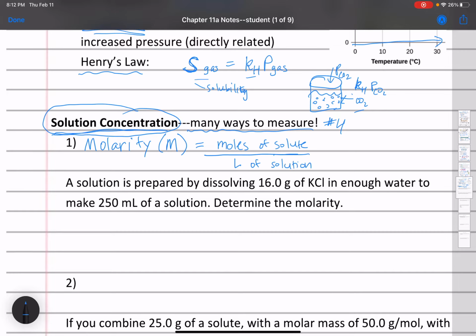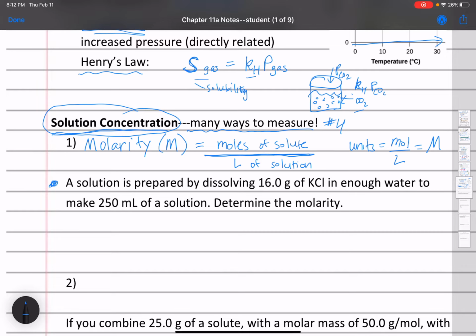And these details are important. Moles of solute, not moles of solvent, not moles of solution, but moles of solute per liter of solution. The units, therefore, of molarity are moles per liter, but we often just abbreviate it as molar with that capital M. So let's do a practice problem.